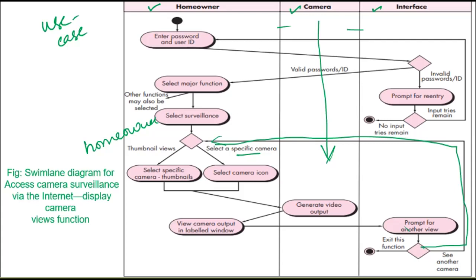So this swim lane diagram is going to give you a detailed representation of who is actually performing a specific task, who is responsible. You get to know who is responsible for a specific task. So this is the swim lane diagram for the same camera functions.